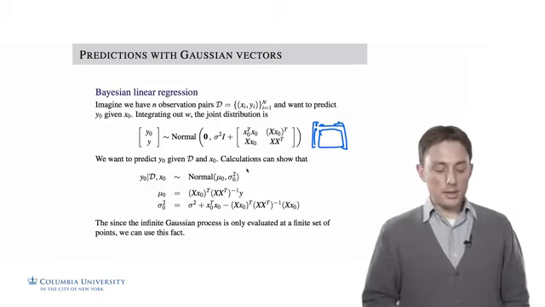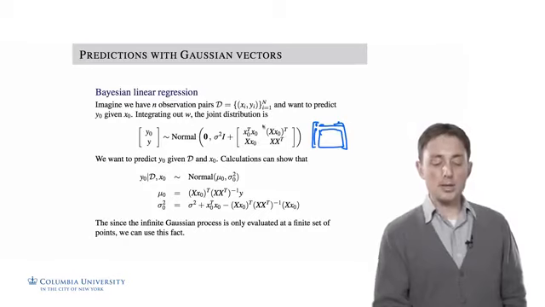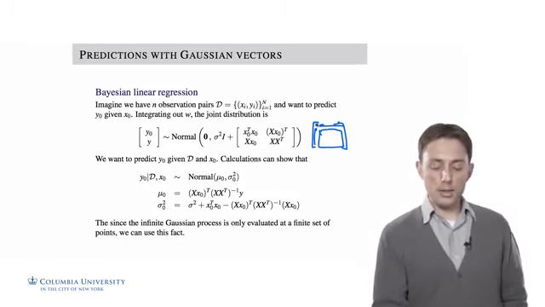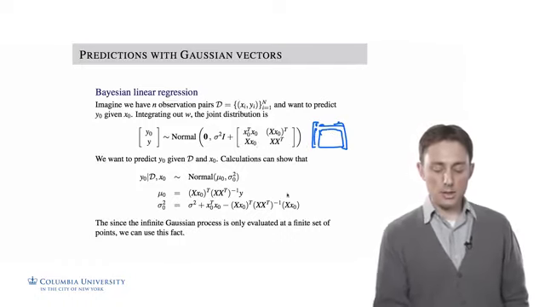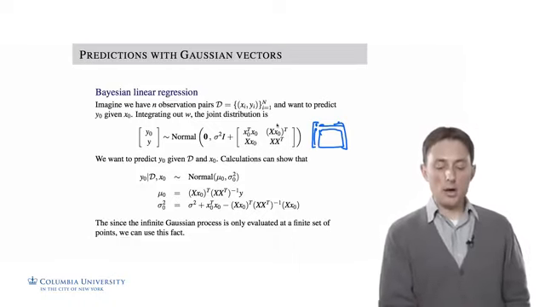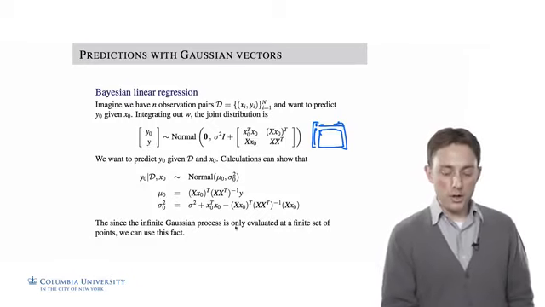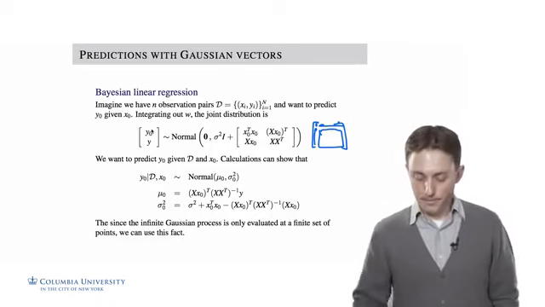The variance of this is now equal to the original noise variance plus another function of this matrix here. We take this point here, and then we subtract from that the product of this vector times the inverse of this matrix times this vector, which is what this is saying. So we can take all of the entries in this matrix and this vector, perform functions of them to get a distribution on the missing value y naught.